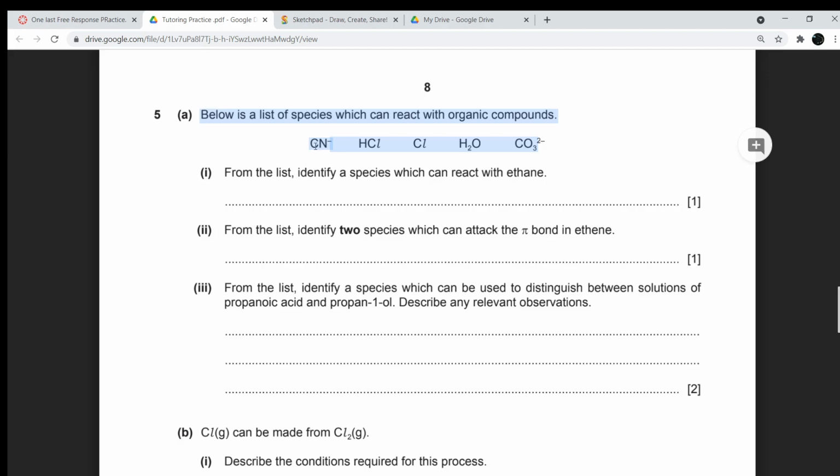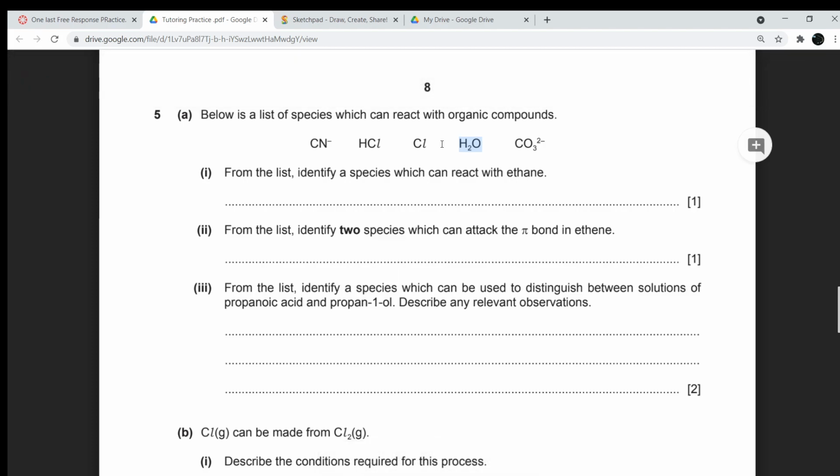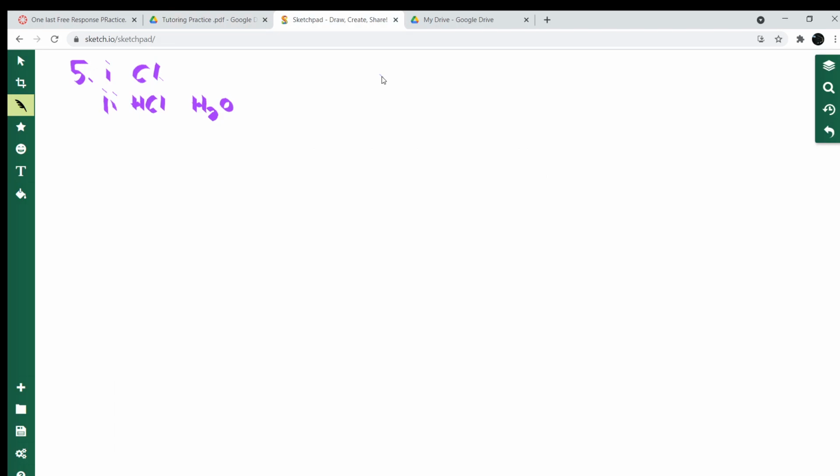To be honest, none of them strike out to me really easily, except for the carbonate. The reason is that I remember all of our carbonates, when they reacted with an acid, ended up making CO2 plus H2O, and then some salt.